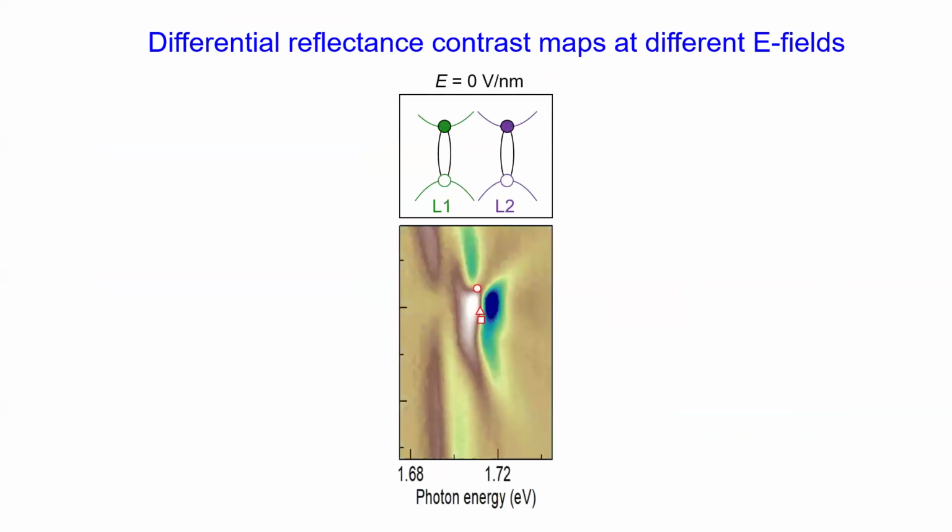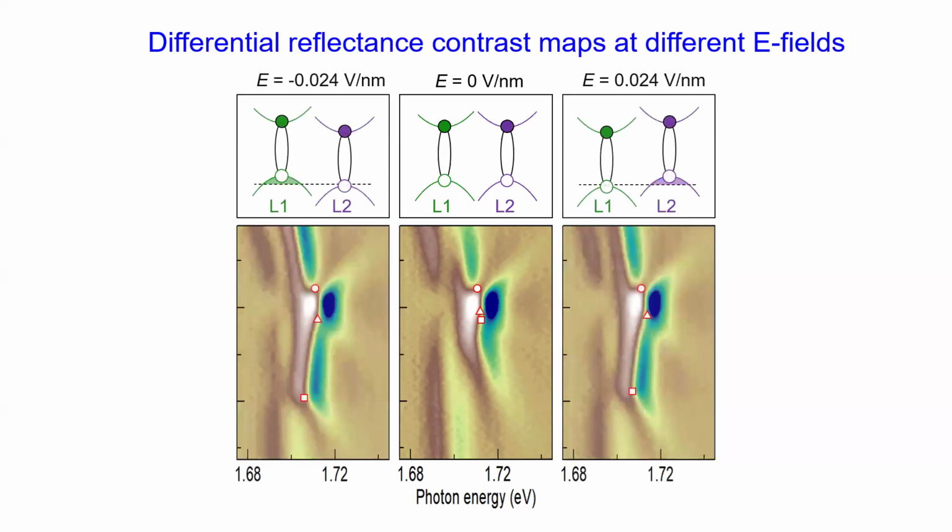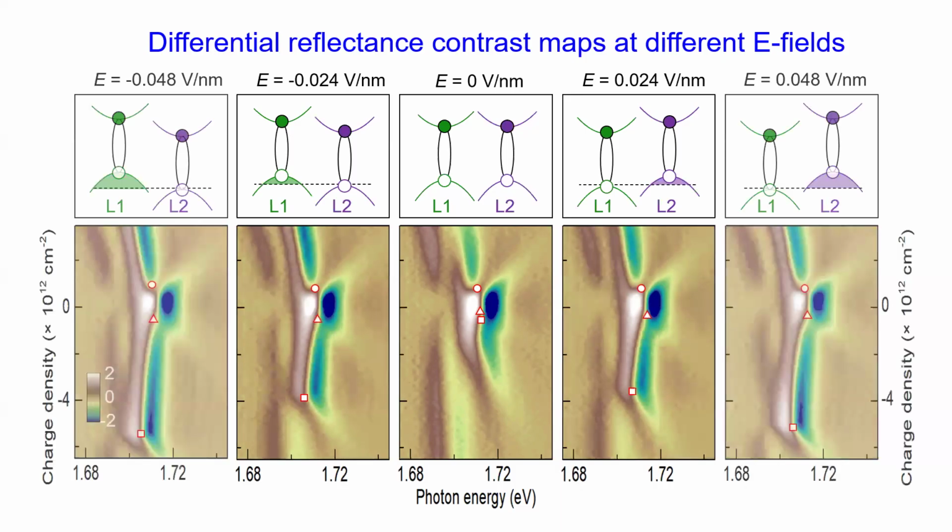And then later we measured more reflectance contrast maps at different electric fields. So this is the zero electric field data. The upper panel shows band alignment schematics, and the lower panel shows the result of our reflectance contrast data, followed by finite electric field results with positive and negative electric fields, and a larger finite electric field result.